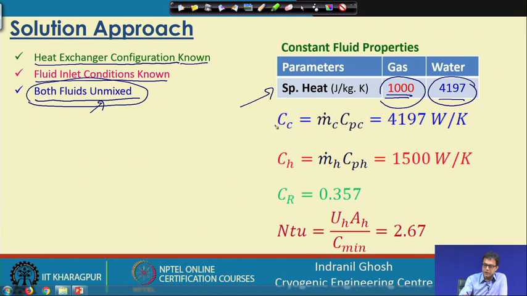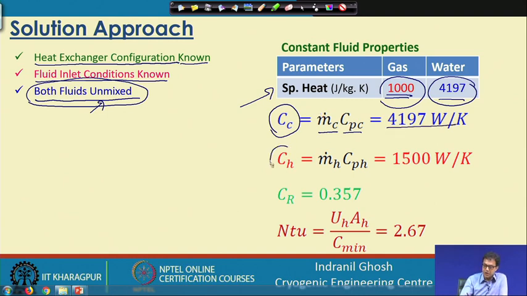So, accordingly we can find out the cold fluid heat capacity. That is the mass flow rate of the cold fluid and the specific heat of the cold fluid. So, this is 4197 multiplied by 1 kg per second. So, that will come out to be 4197.